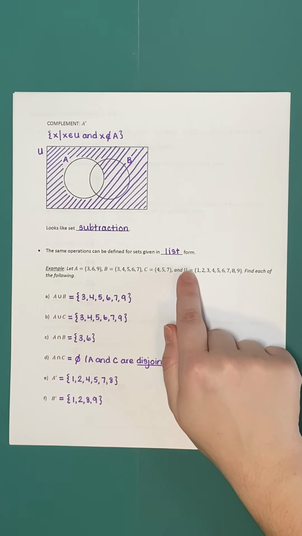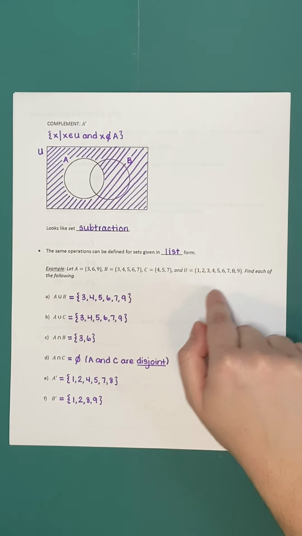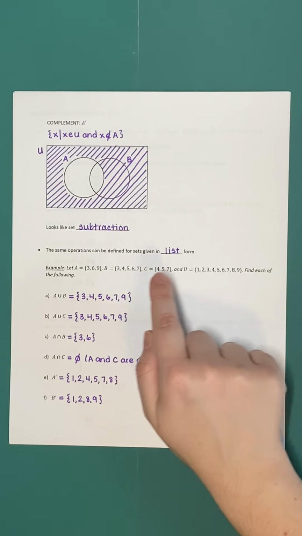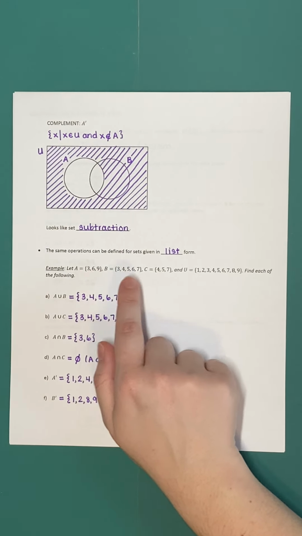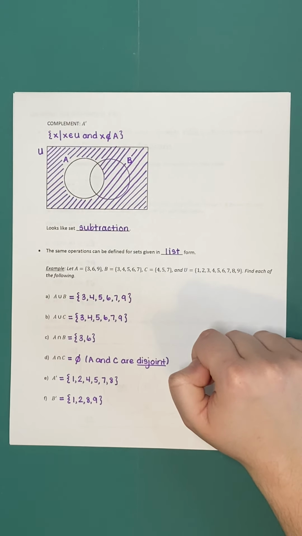We also have to have the universal set defined. So this is the whole list of elements. This is all the elements under consideration that have then been further grouped into smaller sets. So if we were to talk about subsets, A, B, and C are subsets of this larger universal set.